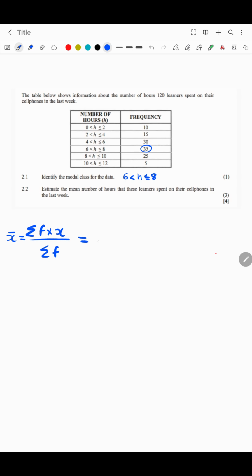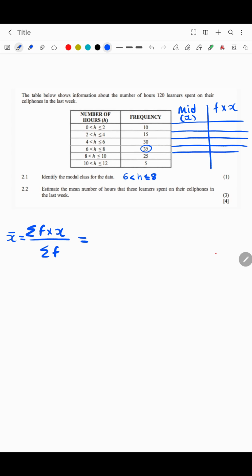So what are we supposed to do here? You can add the two columns here for the midpoint and for frequency multiplied by the midpoint, or still you can do everything step by step. Let's see. To find the midpoint, we have to take the lower bound.